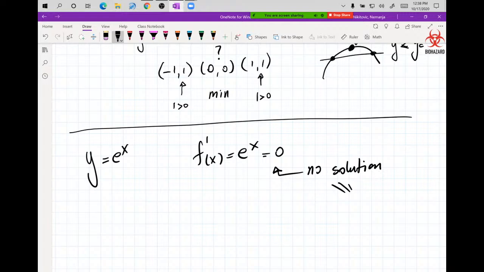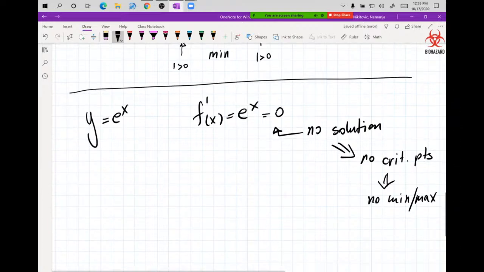And if there is no solution, no critical points. And when there are no critical points, there are no min-max. That's a logical procedure there, right? So if the IQ is bigger than 7, then you just follow the steps.